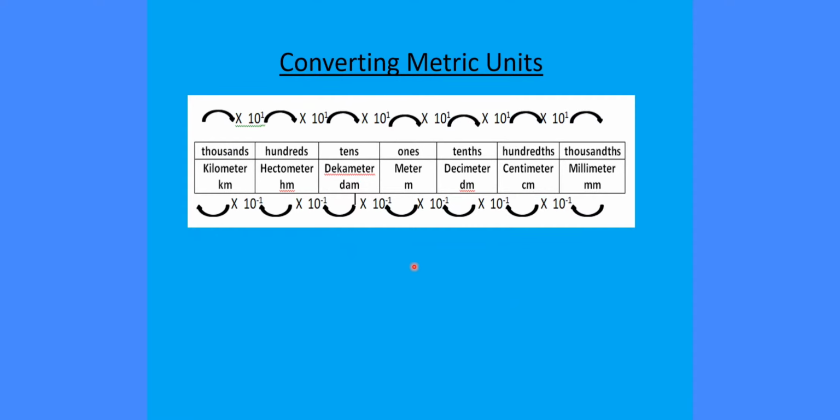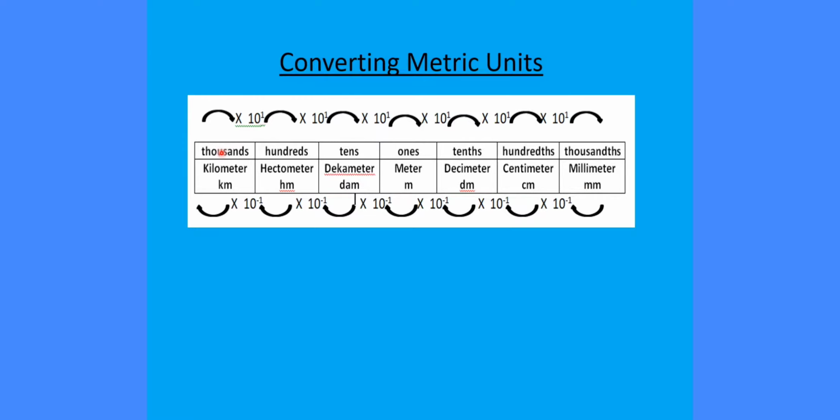Now let us have another method in converting metric to metric. This is what we call the switching method. As you can see, this is arranged in order from kilometer down to millimeter. Then we have here the base 10 having an exponent of 1.